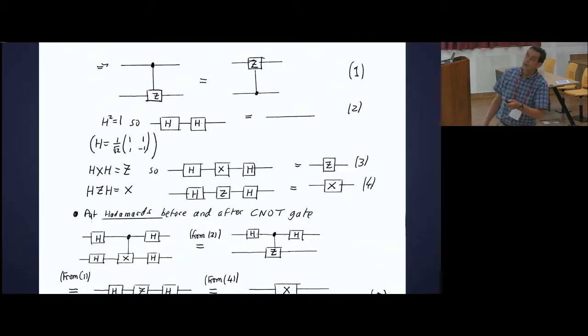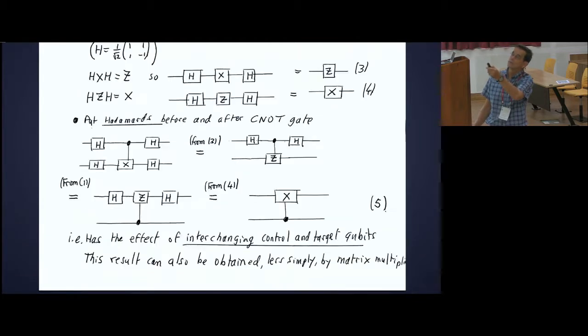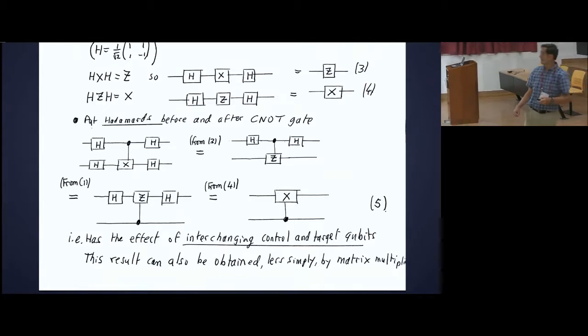But now I know that the control Z is symmetric between the two bits, and so I can put the Z at the other end like this using equation 1. What happened then?